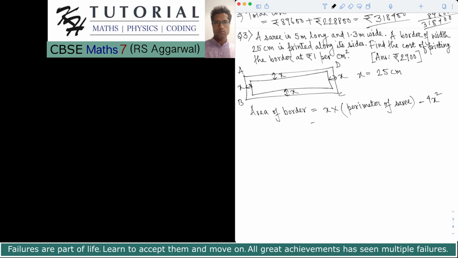Now x is 25 centimeter. So this is 25 multiplied by the perimeter of the sari.